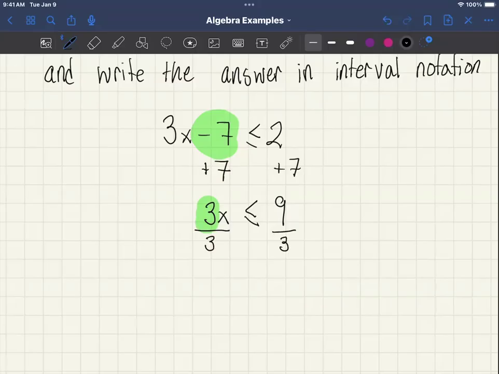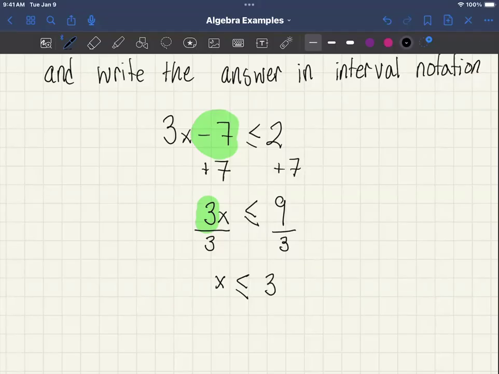So the opposite of multiplying is dividing. We're going to divide on both sides. Remember that 3 divided by 3 is a fancy way of saying the number 1. So we can kind of ignore it. It kind of ghosts out into the background, for lack of a better word. And 9 divided by 3 is the number 3.